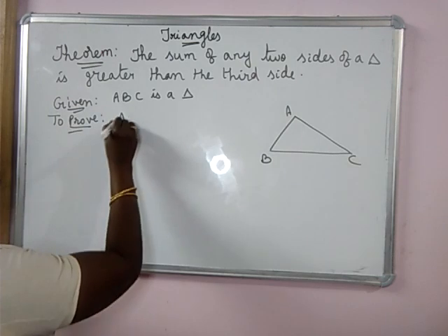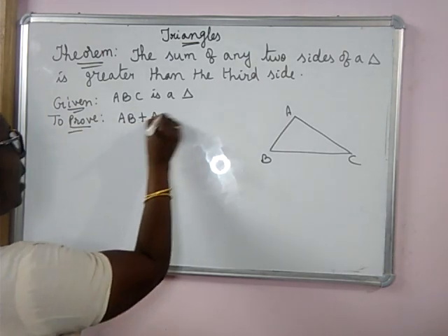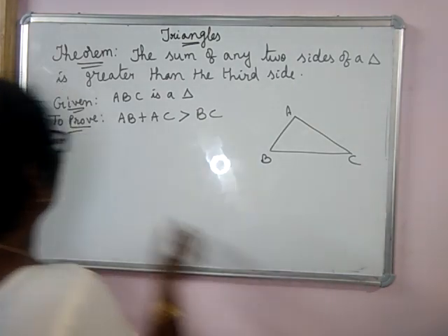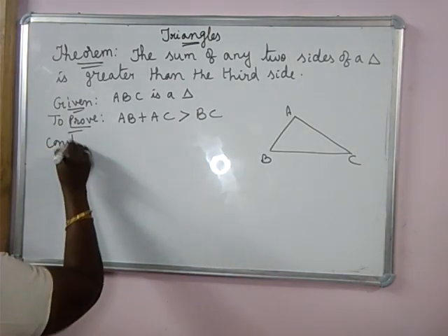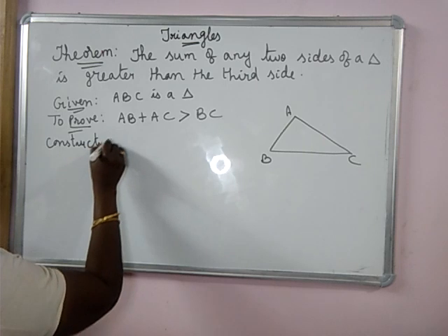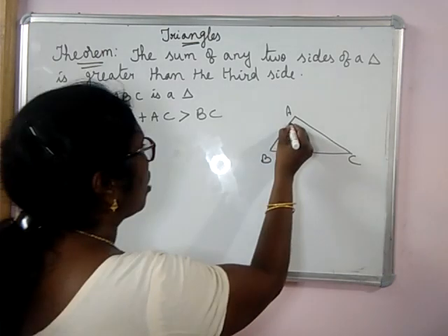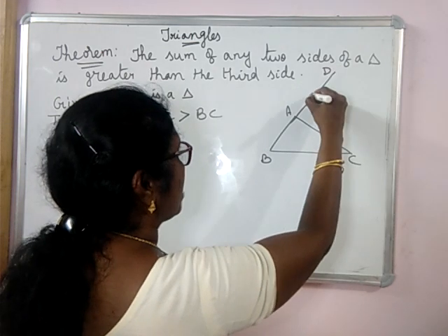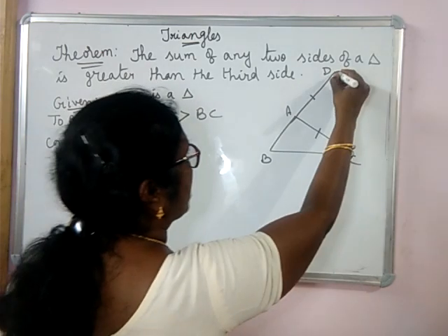Today I will show you AB plus AC is greater than BC. A construction step is required here. Produce BA to D such that AD is equal to AC.